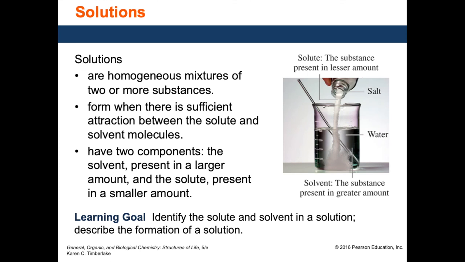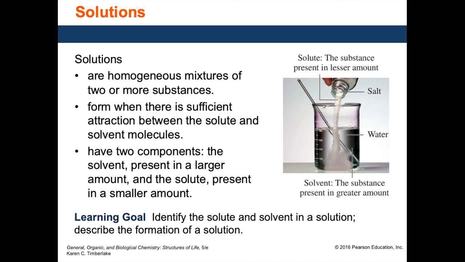So, our homogeneous mixtures, or solutions, are formed between two or more substances, and we have special terms for the parts of our solution. The larger portion of the solution that things dissolve into is known as the solvent. And the solute refers to the smaller part of the mixture that dissolves in the solvent. To give you an example, let's say you're making a salt solution.